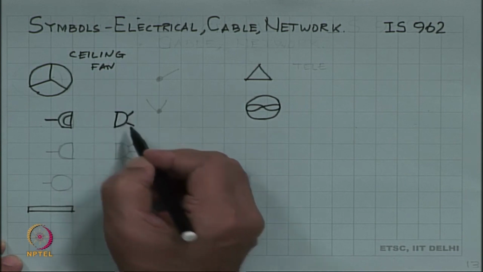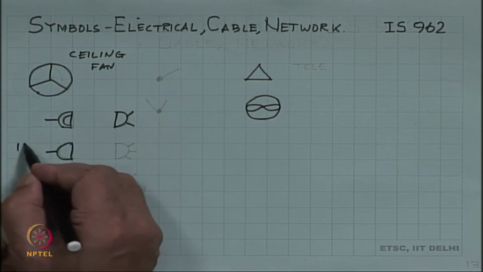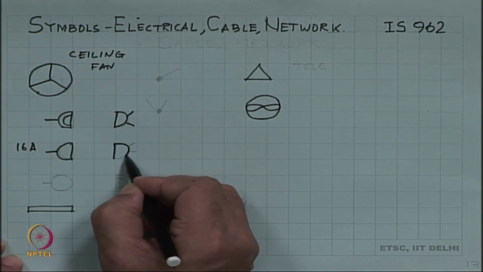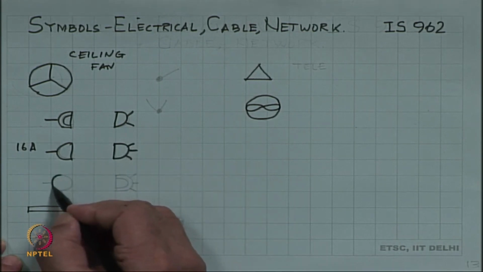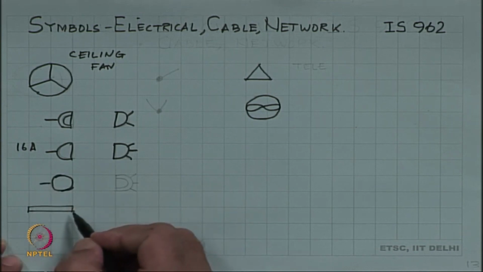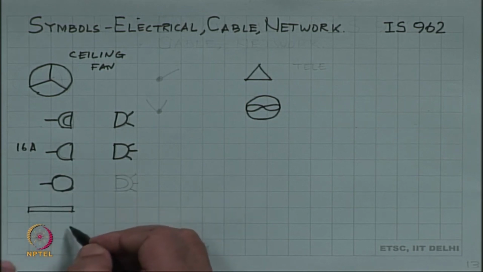This is a 2-pin plug, that is a plug for a power connection 16 amperes. The 3-pin socket would be like that, and a light bracket on the wall would be like this. So, in a plan view you show this on the wall, it means there is a light bracket there, you need to have an electrical connection up to that point.